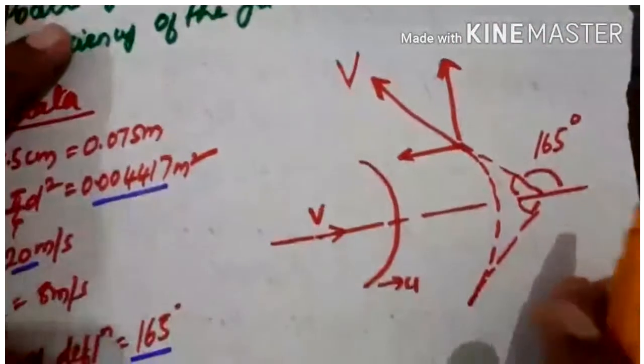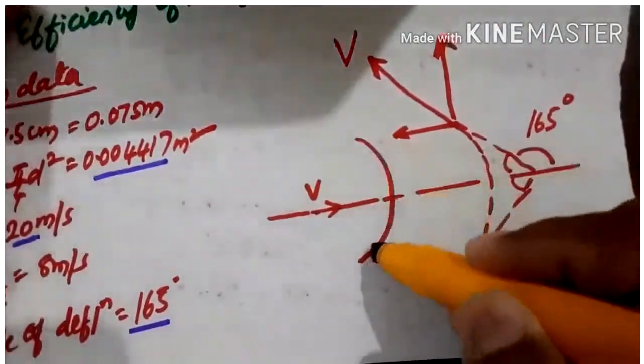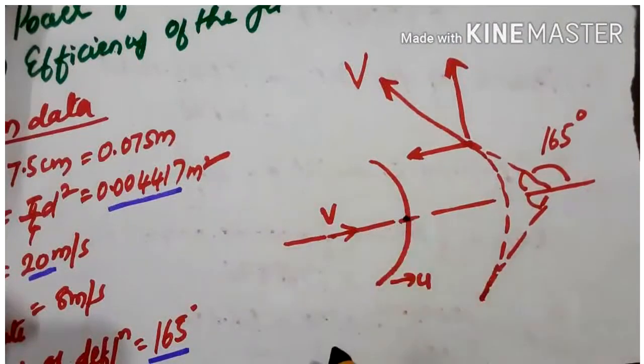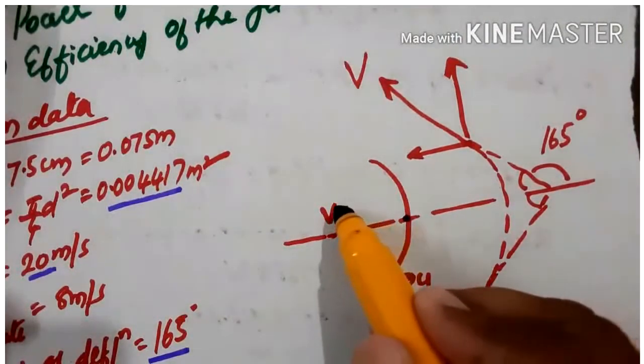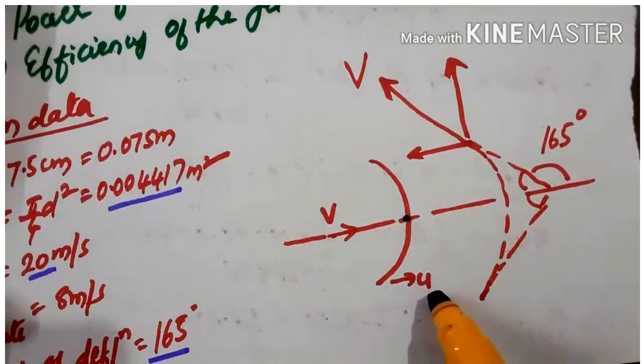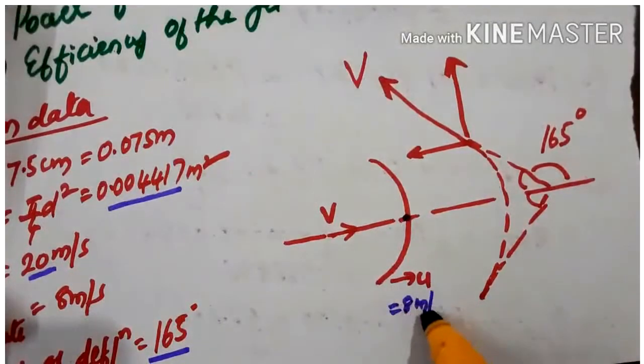So first draw the figure. So this is the curved vane, and here the jet is striking at its center. This velocity is given as 20 meters per second, and after striking, the vane starts moving with a velocity of 8 meters per second.